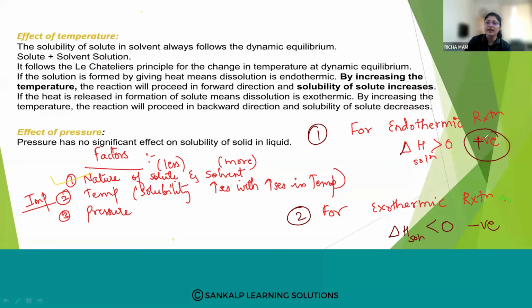For an exothermic reaction, delta H will be less than 0, and it is negative.